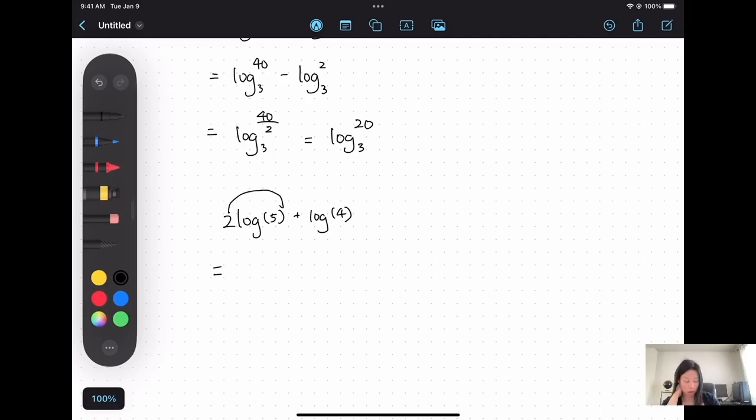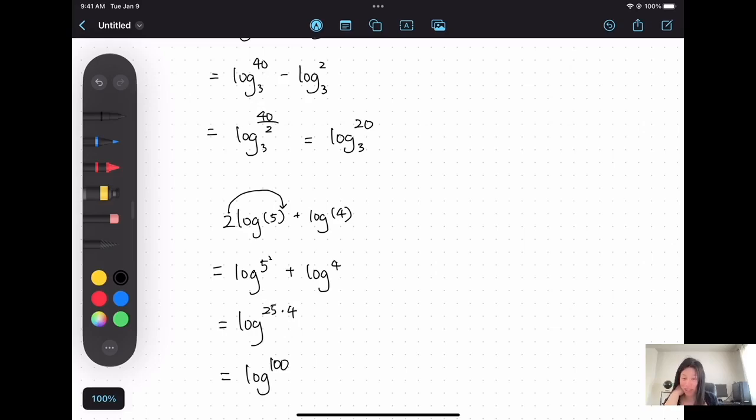Well, I can put the 2 as the exponent of the 5. So that means I have log 5 squared plus log 4. And then addition will become multiplication. I have log of 5 squared, which is 25, multiplied by 4. So I have log of 100.